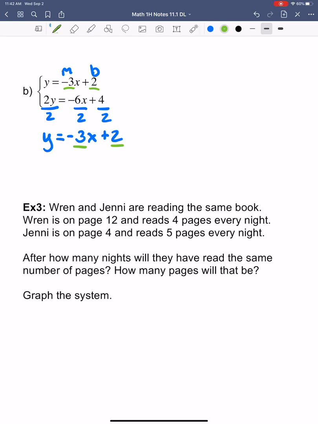If you go back to the first page there in the top left, it says same slope, same y-intercept. Well, that's just going to give me the same line, two lines on top of each other, so that's going to be infinitely many solutions. Same slope and same y-intercept, so infinitely many solutions.